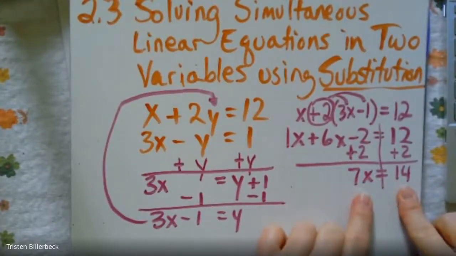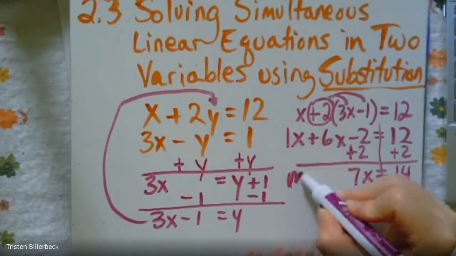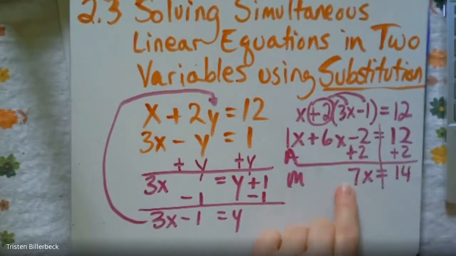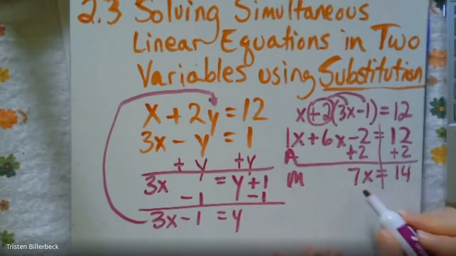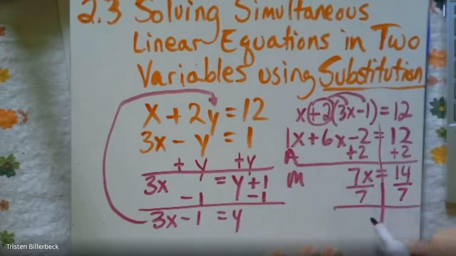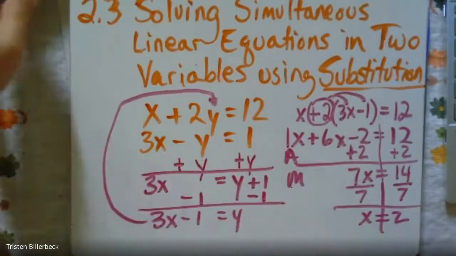So now I have one thing here, one thing here. I can use a multiplicative inverse instead of an additive inverse. So this is 7 times x. The opposite of multiplication is division. So we divide, and we get x equals 2.